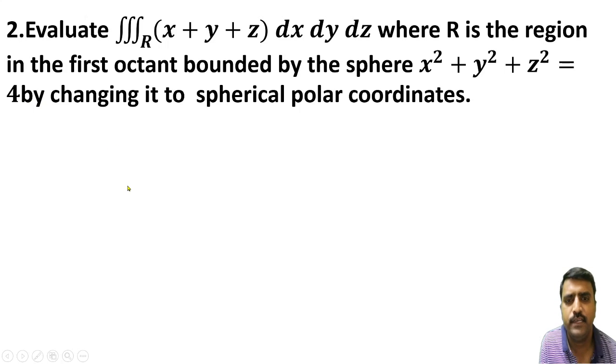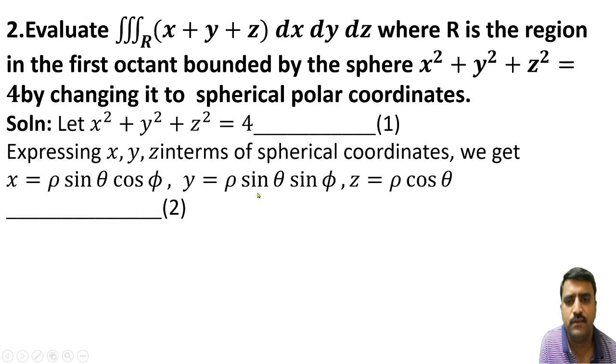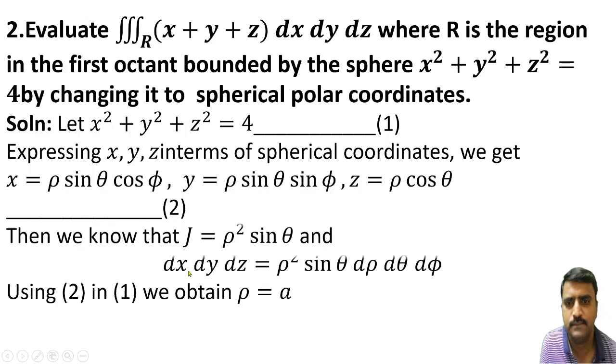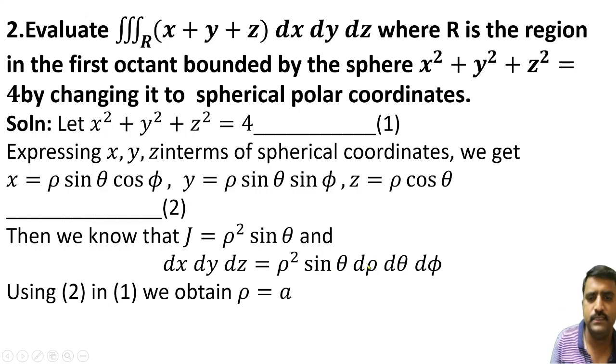Correspondingly you write x, y, z in terms of rho, theta, phi. Here J is equal to rho square into sin theta, the Jacobian, and substituting dx dy dz values here, rho square into sin theta into d rho d theta d phi.